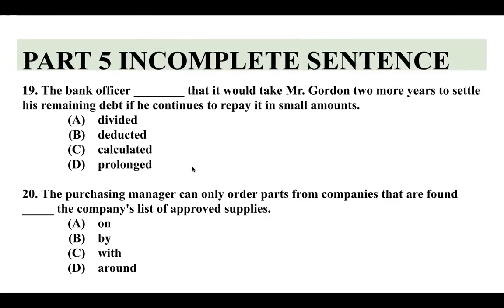Everyone, 19 next. The bank officer blah blah blah that it would take Mr. Gordon 2 more years to settle his remaining debt if he continues to repay it in small amounts.